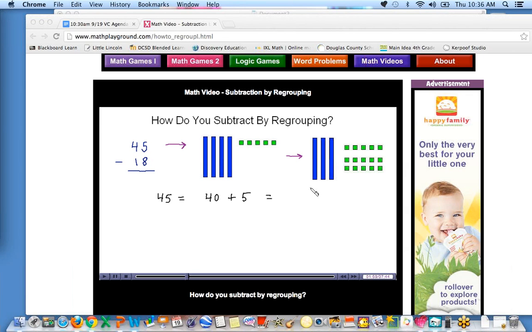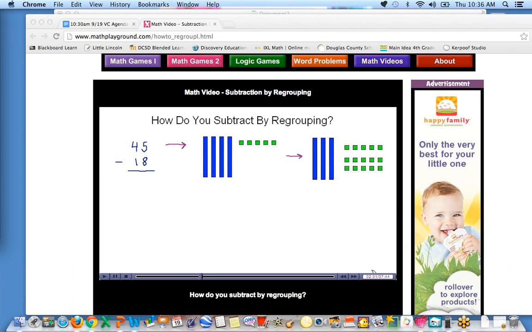And it can also be written as 3 tens, which is 30, plus 15 ones. These are 2 equal ways of writing the number 45. But writing the number 45 this way, as 3 tens and 15 ones, will make it easier to do this subtraction problem. So let's clear the board a bit and do our subtraction problem.